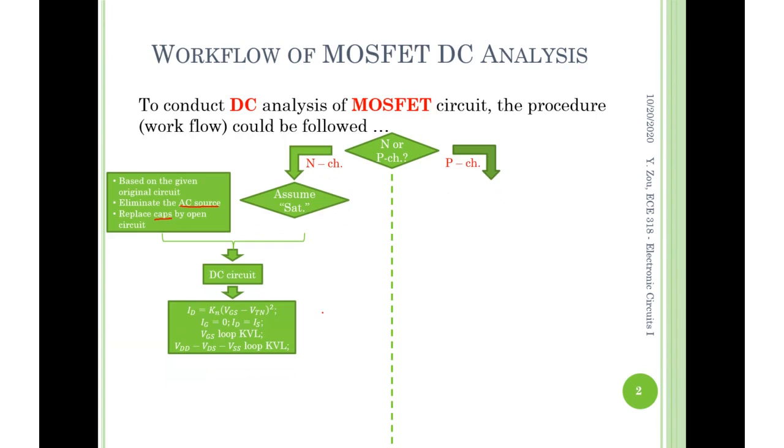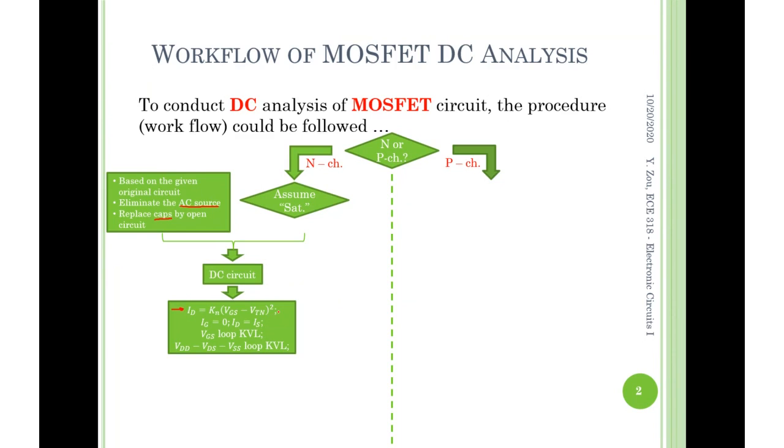First equation, anyone knows what this first equation is? No one yet? The first equation is the saturation ID current equation. It's a saturation current ID formula, and you just need to have it ready on your cheat sheet.